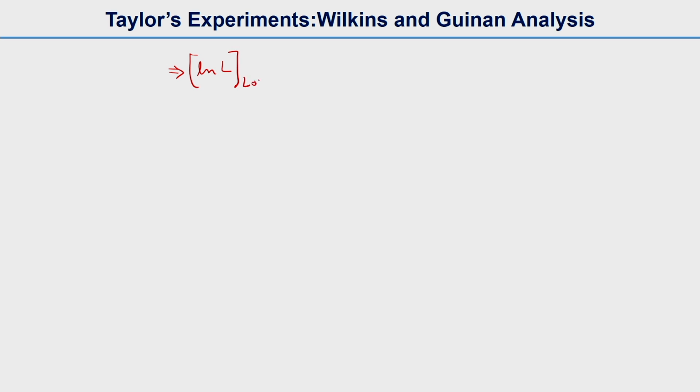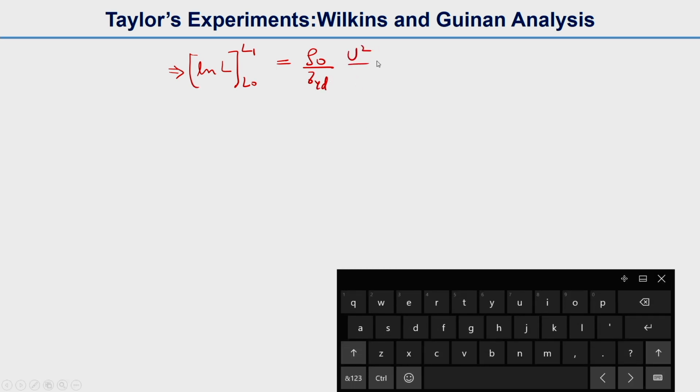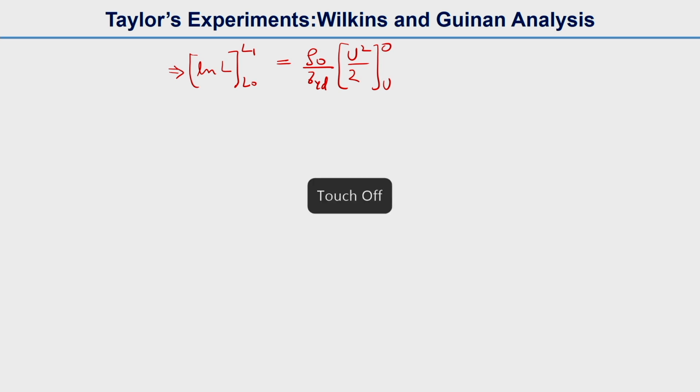This is limit L naught to L1, rho naught sigma yd, u square by 2, u to 0.